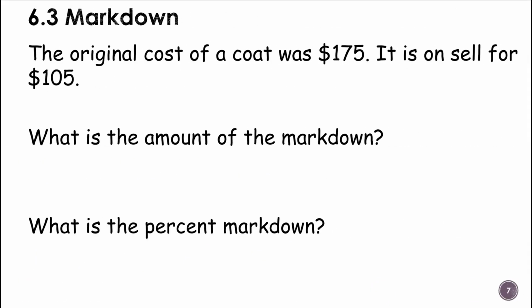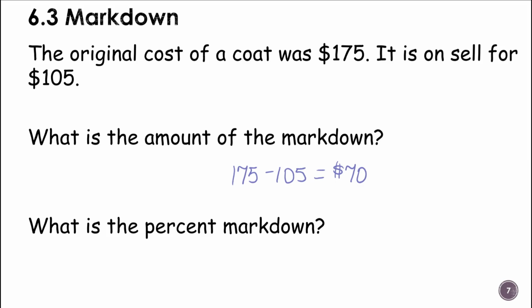Okay, so next, the original cost of a coat was $175. It is on sale for $105. So it says, what is the total amount of the markdown? So we take 175 and subtract 105. And that leaves us with $70. So it had a $70 markdown.